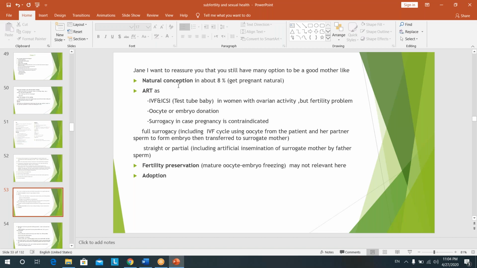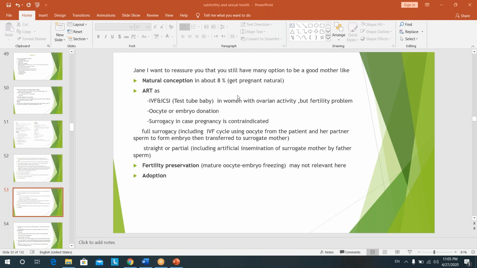Sorry to interrupt you, I think this is Turner mosaicism. In the talk, they didn't say that this is for mosaicism. They said mosaicism in general, this patient may become pregnant alone, by natural conception.